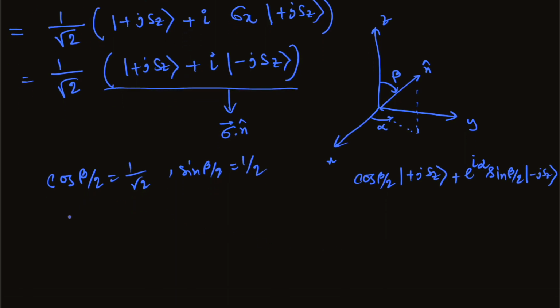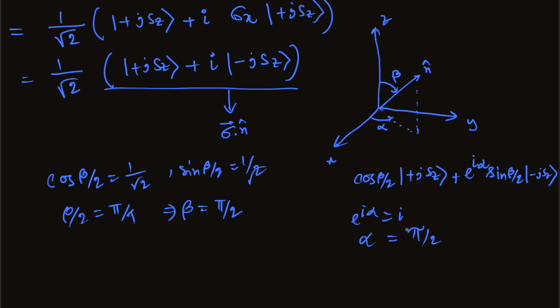So that means beta by 2 equals pi by 4, since 1 by root 2 means cos pi by 4, and sine similarly the same. That means beta equals pi by 2 and e to the power i alpha is equal to i. That means alpha is equal to pi by 2, since e to the power i pi by 2 is i.